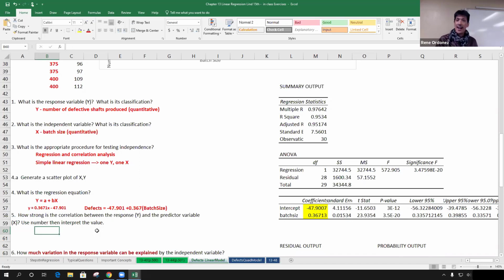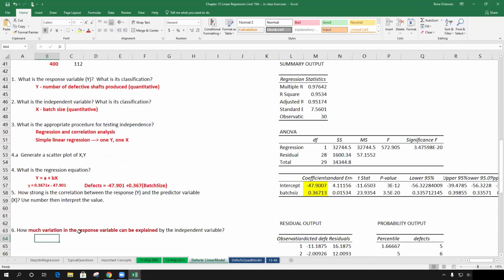And it says use a number and then interpret the value. So what is it that we use as a measure of strength of correlation between variables? So we would use the R square. Well, that's what we use for the correlation. But then I think Isaac said this one earlier. We would take the square root of R squared.